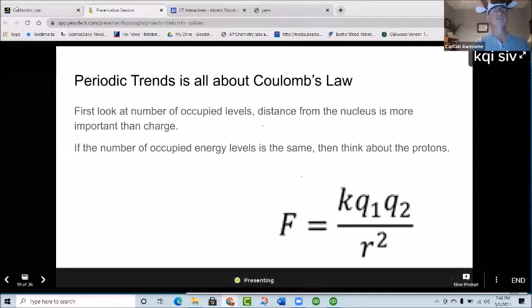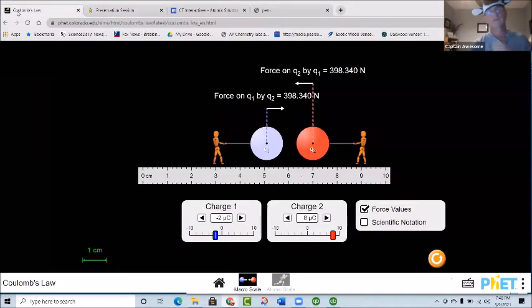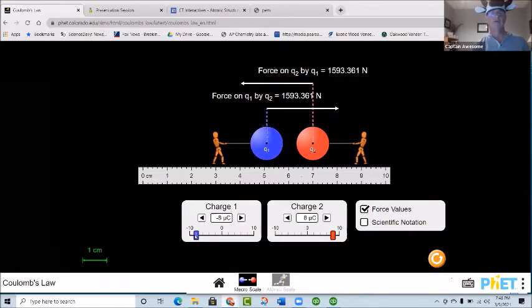I'm just going to show you this. If you look at the Zoom screen that I'm sharing with you, this is a very simple description of how Coulomb's law works. I have Q1 and Q2. Q1 has a charge of negative 2, and Q2 has a charge of 8. So there's that force of attraction. What if I made Q1 negative 8?